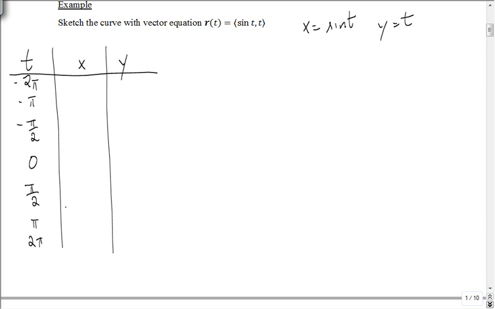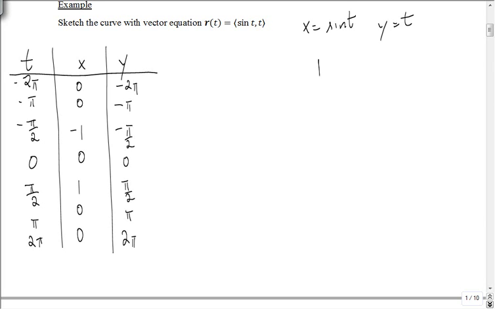Okay, so when you put that, x equals sine of t, so this is 0, 0, negative pi over 2 minus 1, 0, 1, 0, 0. And then y is t, so it's the same thing. Minus 2 pi, minus pi over 2, 0, pi over 2, pi, 2 pi.